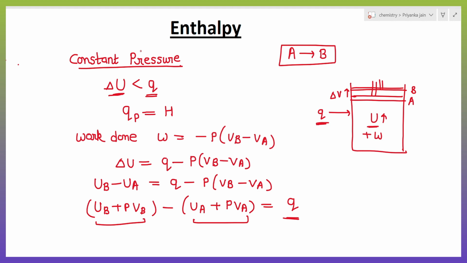There is a property that is equal to U plus PV. This property U plus PV is actually called the enthalpy of the system.